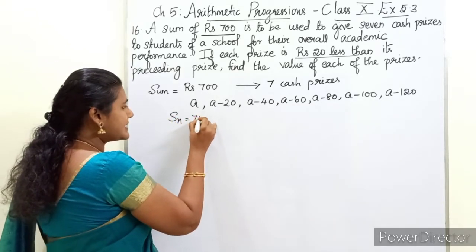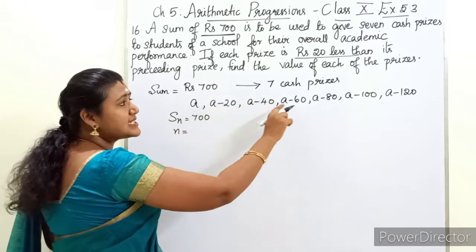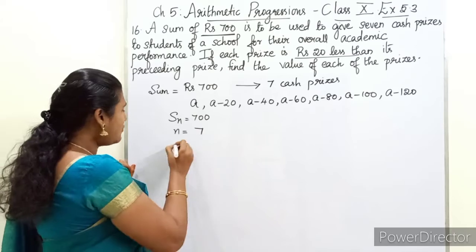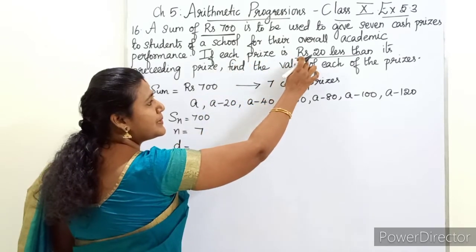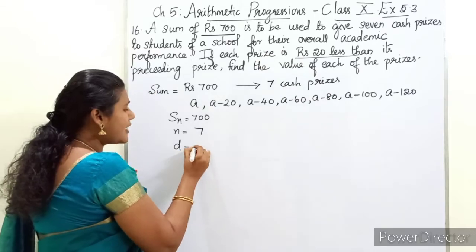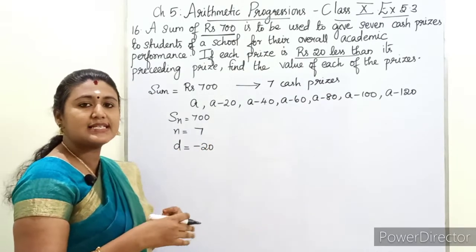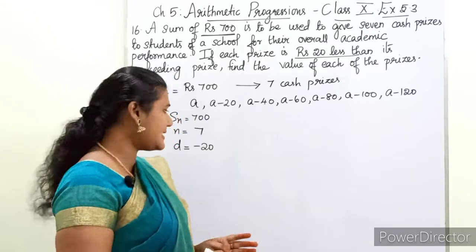What is the value of n? There are 7 cash prizes, so n is equal to 7. And what about d, the common difference? Each prize is 20 rupees less, so the value of d is minus 20.